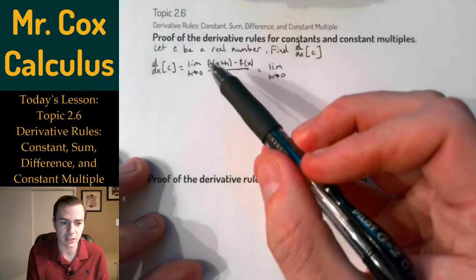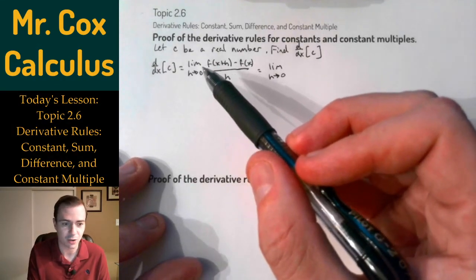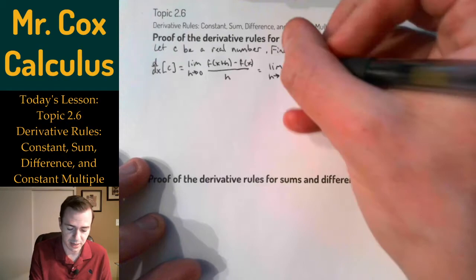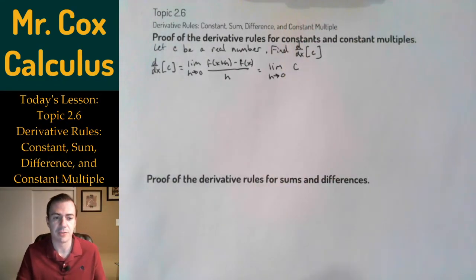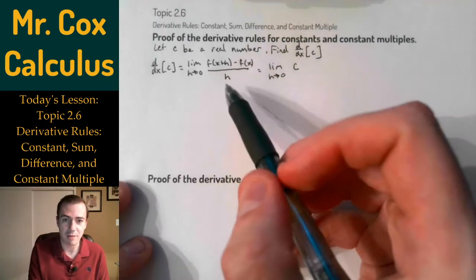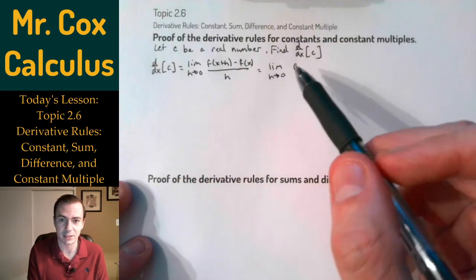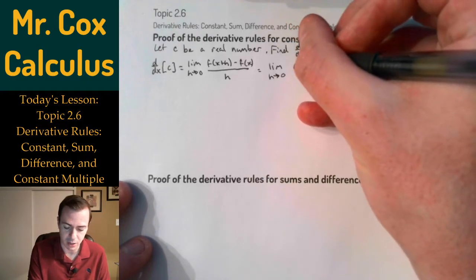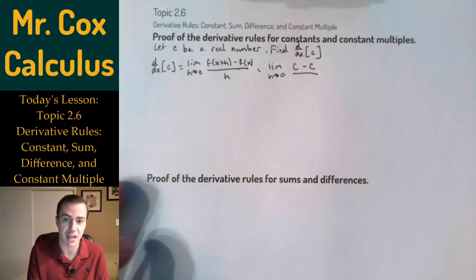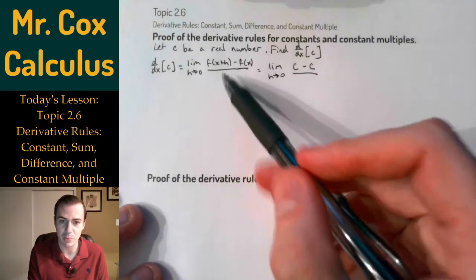Because it's constant, f of x plus h is just going to be equal to c. If I asked what's f of 3 of 5, it's 5. If I ask what's f of 3 plus h of 5, it's 5. F of x plus h for this constant is just going to be c. The same is also going to be true for f of x. It's a constant value, so it's going to be the same regardless of what input it takes.